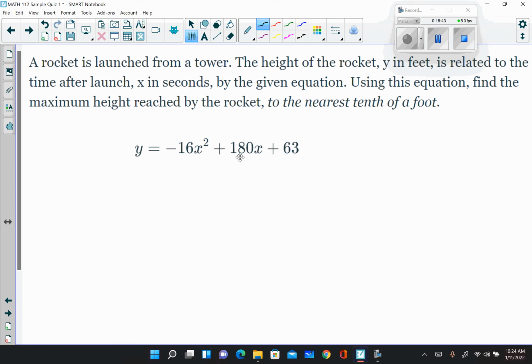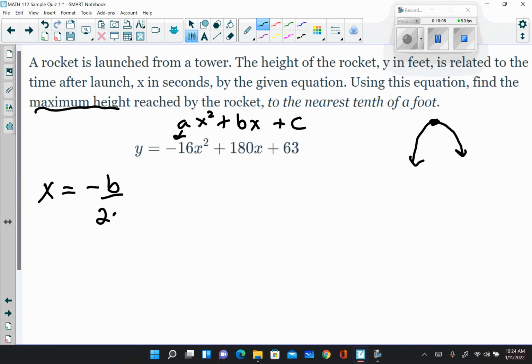The graph of an equation like this is a parabola. The equation is in the form y equals ax squared plus bx plus c. When a is a negative number, it'll be a pointing down parabola. To find the maximum, we use the formula x equals negative b over 2a.